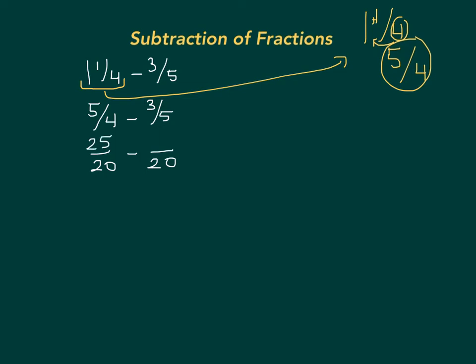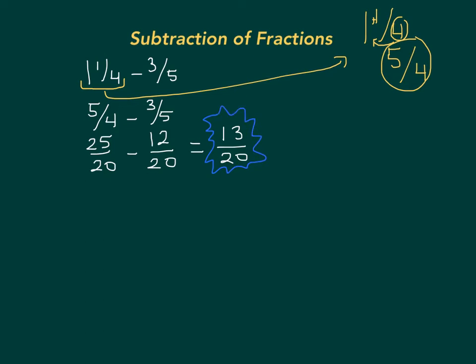And our 5 goes into 20 4 times, and 4 times 3 is 12. And if we subtract the numerators, 25 minus 12 is going to be 13/20. Okay, so there's our answer using our common denominator.